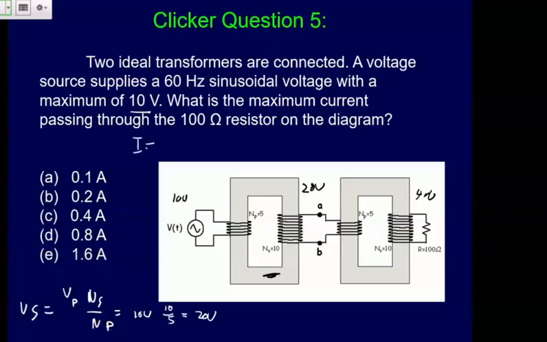We go back to Ohm's law, V divided by R: 40 volts divided by the 100 ohm resistor gives 0.4 amps for the current. So when you have two of these, you work the first one, and then use that to figure out the second one.